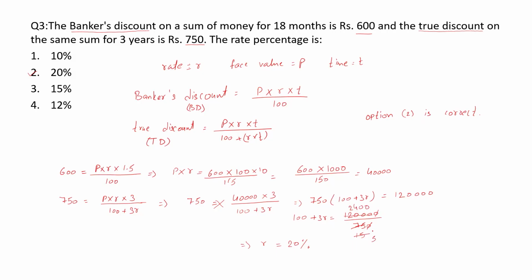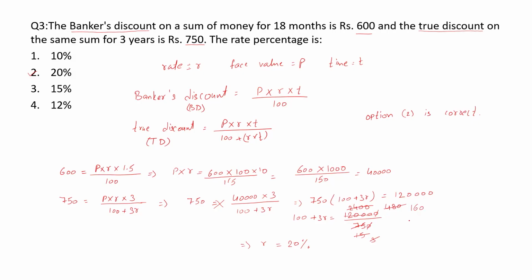Then again 5, 3. If you divide it by 5, you will have 480. And 3, if you cancel it, you will have 160.